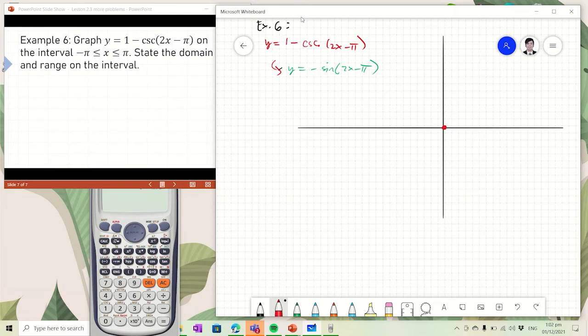So, if x is 0, ganon. And so on. So, yung guide natin would be like this.